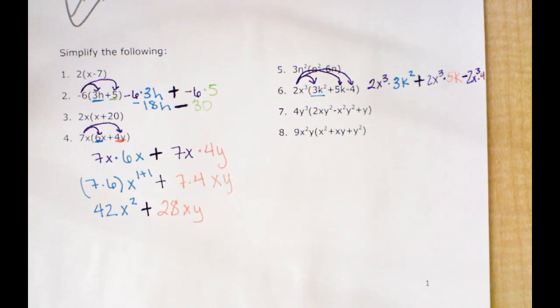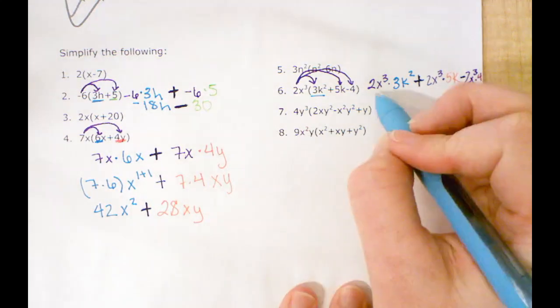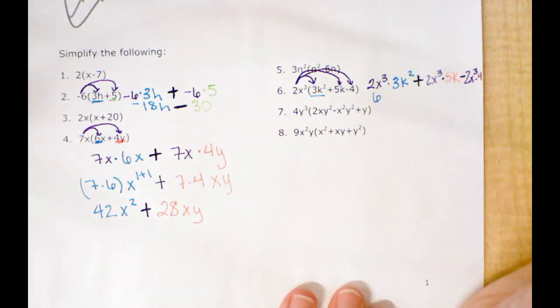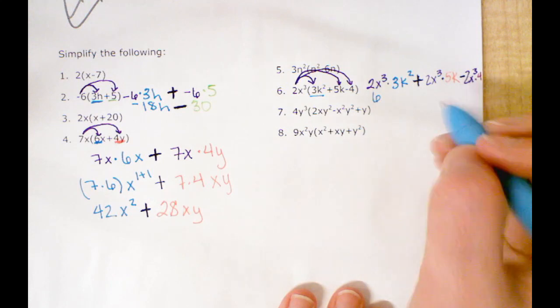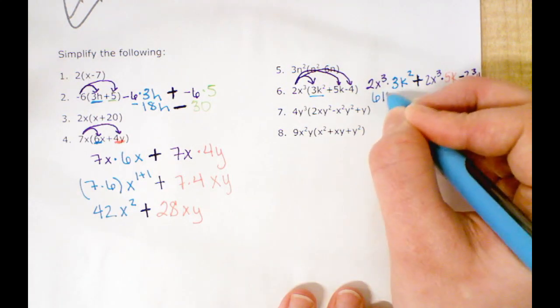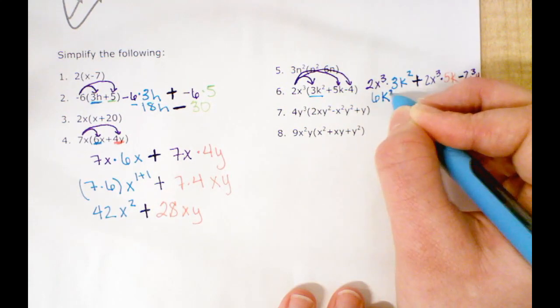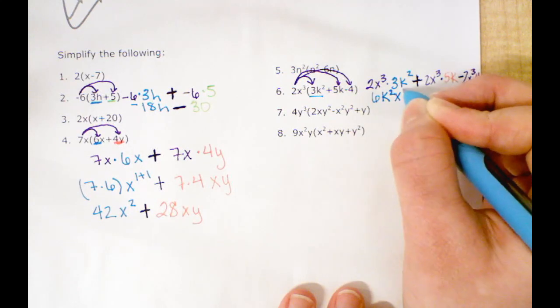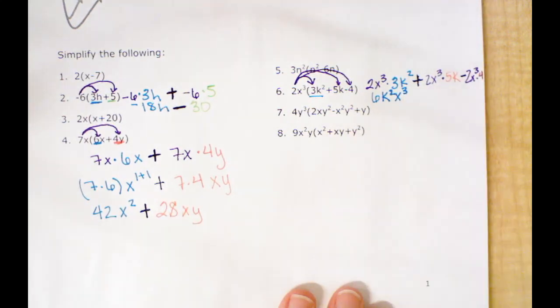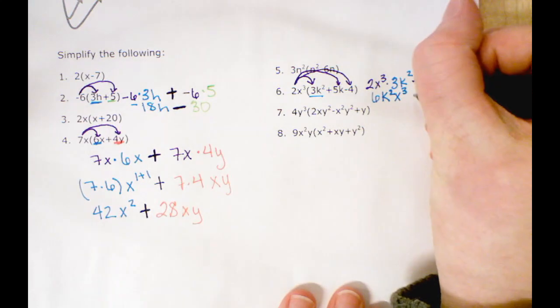Okay? So what is 2 times 3? 6. Okay? Can we combine the exponents on our two variables? No, why not? Because they're not the same. Because they are different variables. So I'm going to put the k first. So k squared, and then x cubed. I'm doing this so that they're in alphabetical order.